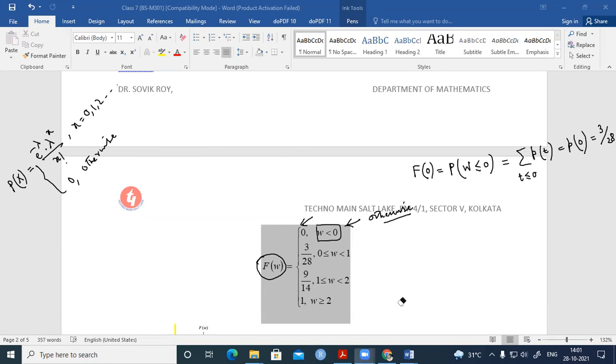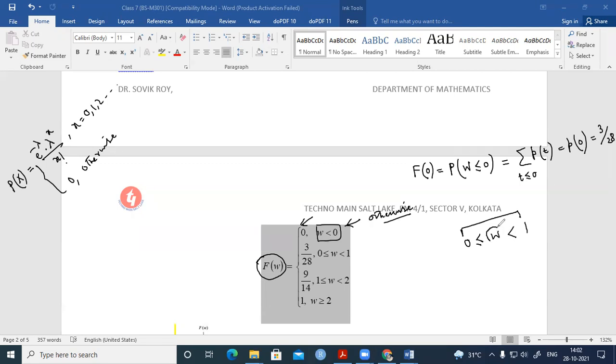Now, when we consider w to be greater than or equal to 0 and less than 1, that means, in between 0 and 1, actually there are infinitely many points. But again, I am saying that I am not talking about the continuity. I am talking about the discrete case.